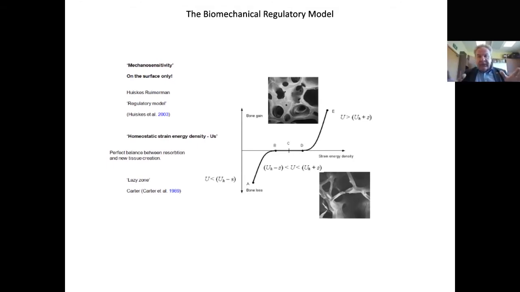If the mechanical stimulation changed, the system reaction is that if some area of trabecular bone is out of the lazy zone, the system wants to put this area back to the lazy zone. So the ideal situation is that the whole structure is inside the lazy zone, so the strain energy density is close to this homeostatic value.